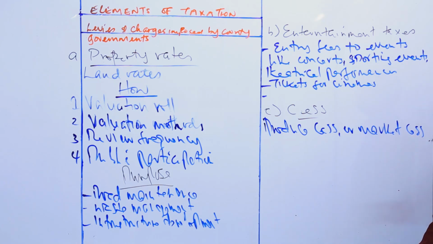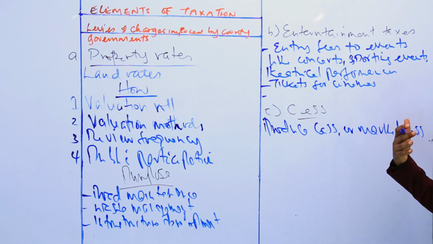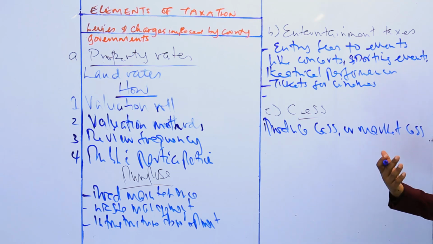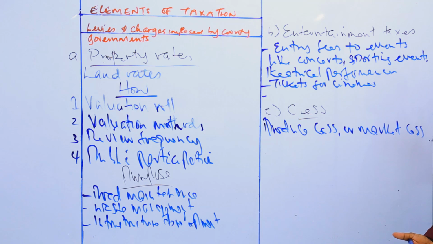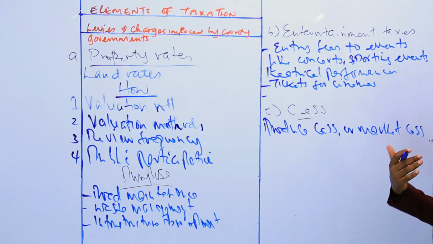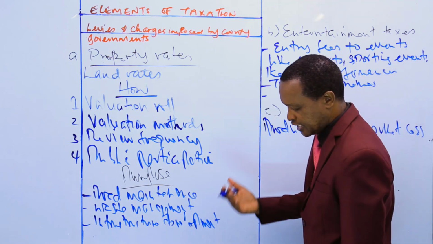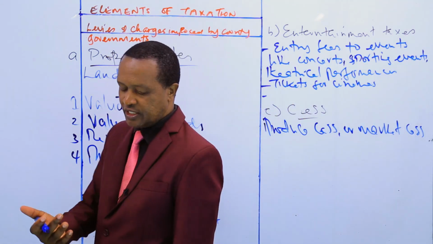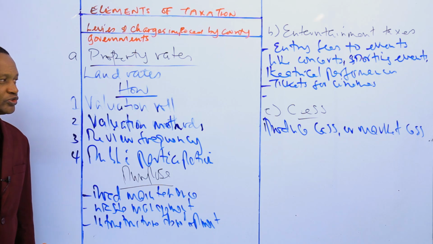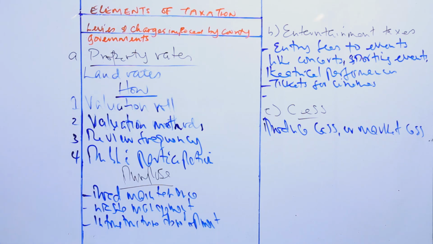It is a form of tax or levy imposed by county governments on tradable commodities, particularly agricultural and fishing products, when they are produced and supplied for commercial purposes or transported across county borders. When these products are transported across the county borders, then this cess has to be paid.